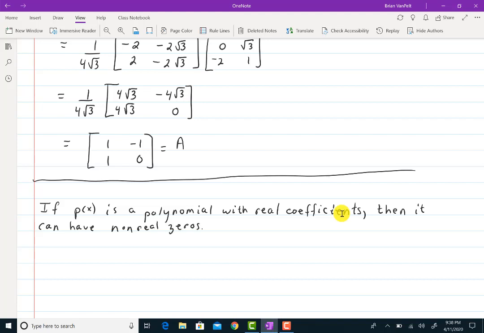What happens if a plus bi is a 0, then so is its conjugate. And that'll be a minus bi.